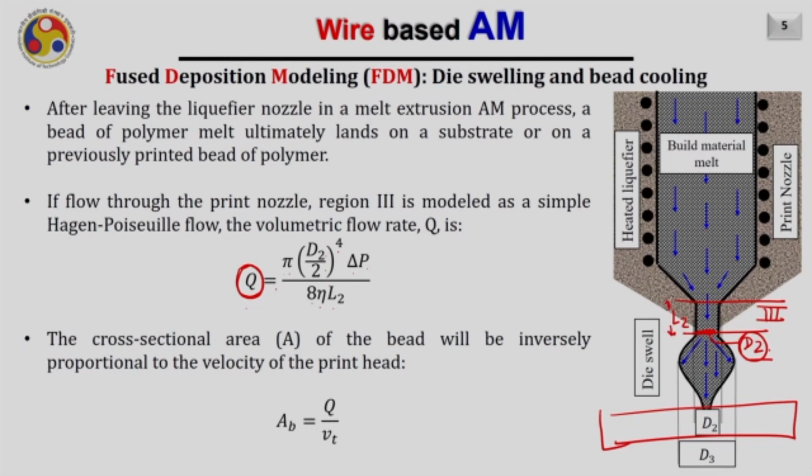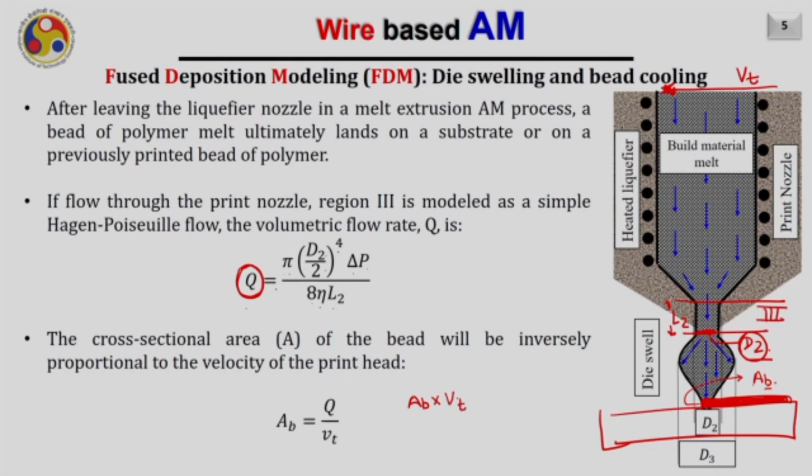Now consider the cross sectional area of the bead deposited on the substrate. If, for example, this is the bead deposited on the substrate, we are interested in finding the cross sectional area of this bead. If this cross sectional area is given as AB, area of bead, then AB multiplied by the travel velocity will equal the flow rate Q. For example, this entire nozzle is moving with a velocity, which is the traverse velocity Vt.